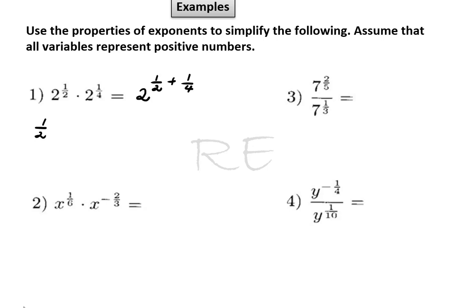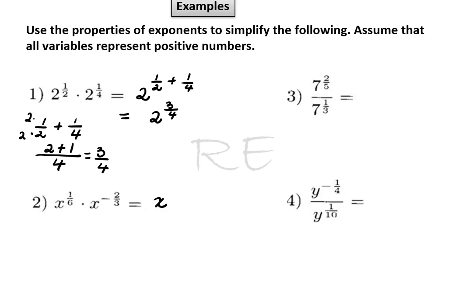Now, 1/2 plus 1/4, the common denominator is 4, and 1/2 is really 2/4, and 2 plus 1 is 3. So our final answer is 2 to the 3/4.